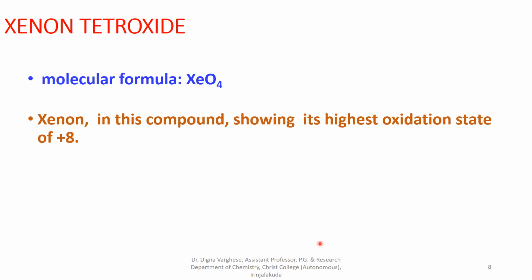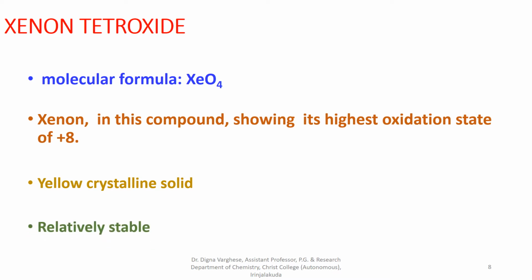Xenon tetroxide. Its molecular formula is XeO4. Xenon in this compound shows its highest oxidation state, that is +8. It is a yellow crystalline solid. It is relatively stable.